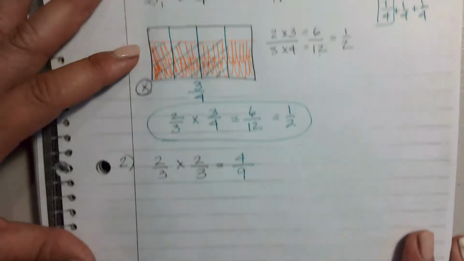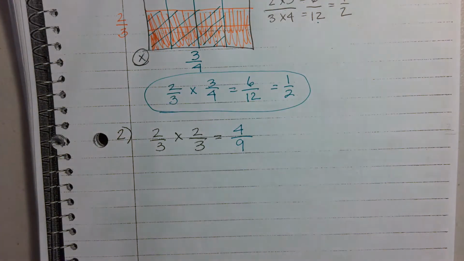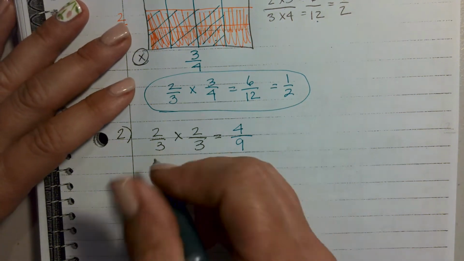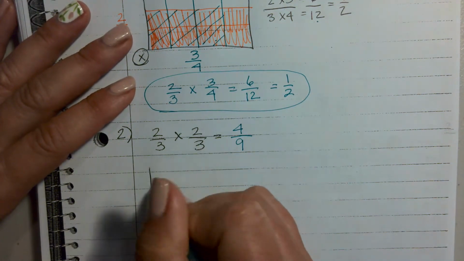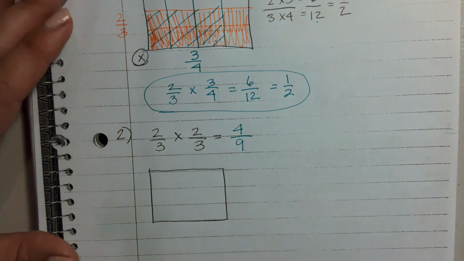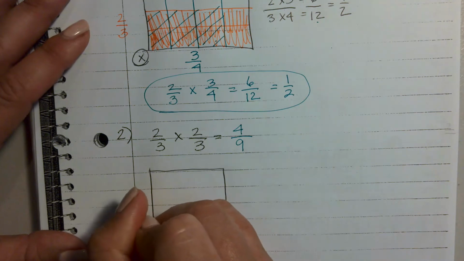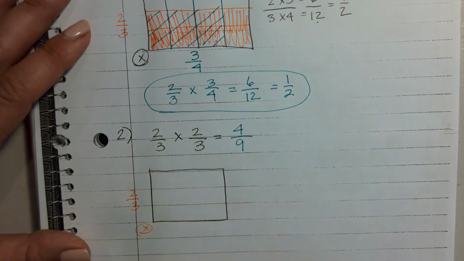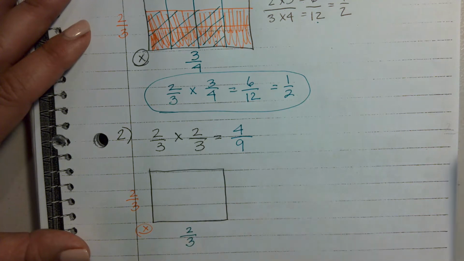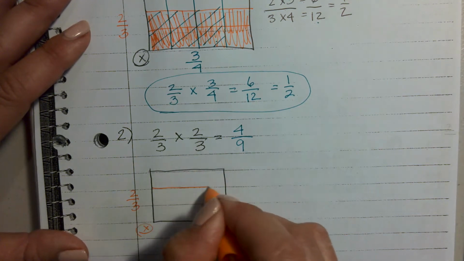So we should end up with 4/9 totally double shaded. All right, so let's try it out. 2/3 times 2/3.